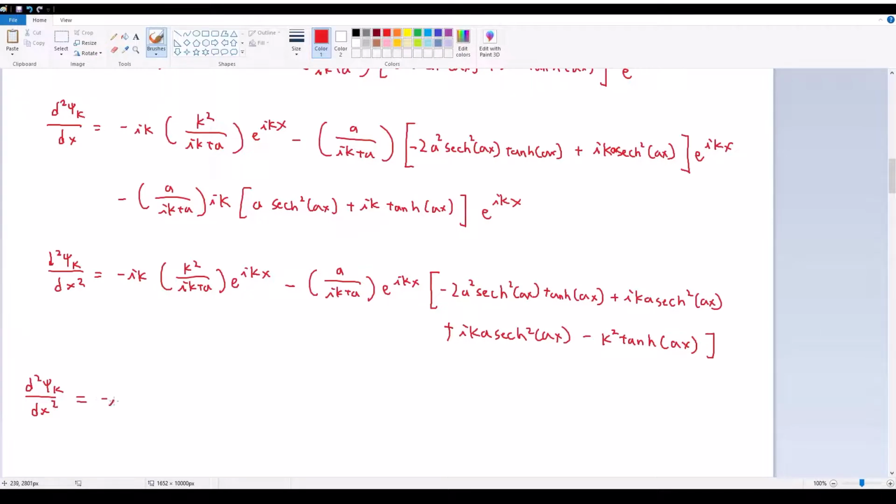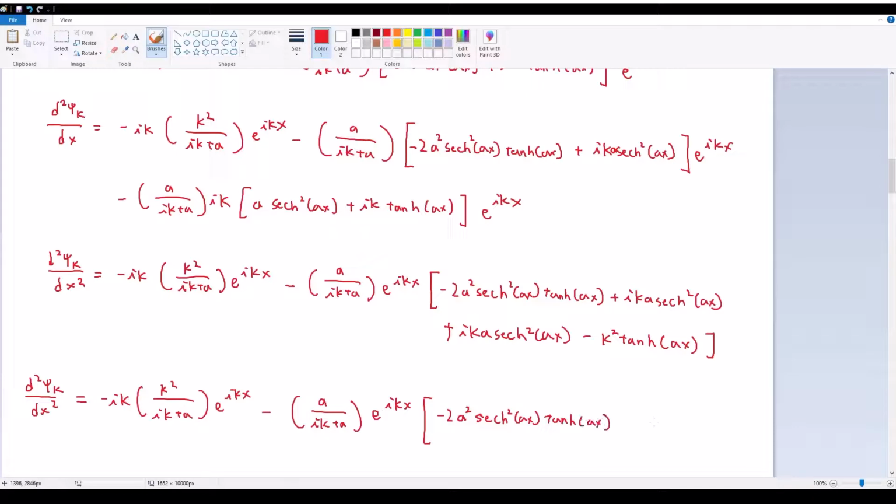And this is equal to negative ik times k squared over ik plus a times e to the ikx, subtracted by a over ik plus a times e to the ikx, and then negative 2a squared hyperbolic secant squared ax hyperbolic tangent ax plus 2ika hyperbolic secant squared ax minus k squared hyperbolic tangent ax.